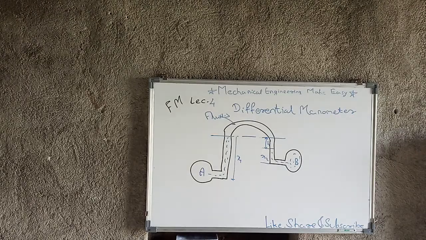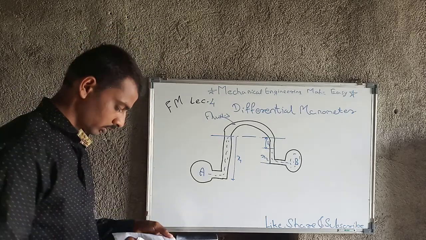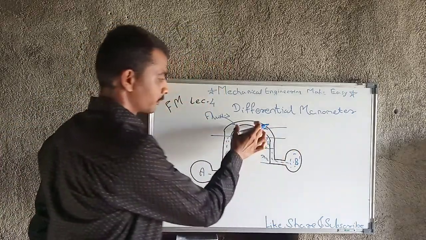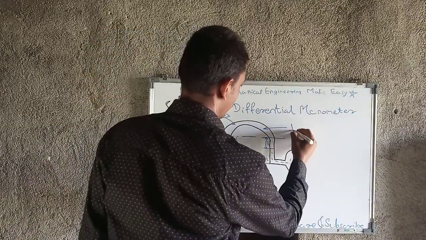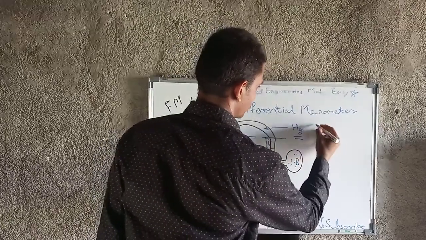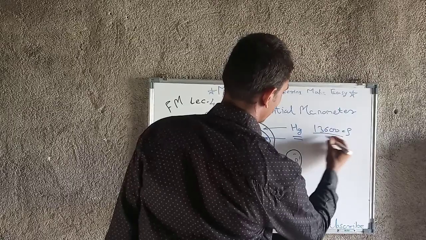You can take a look at the diagram also, and you can imagine from that diagram that the formula will not change. And the fluid which is present in a number of manometers will probably be Hg. What's the plus point of Hg? That is its density, 13600.